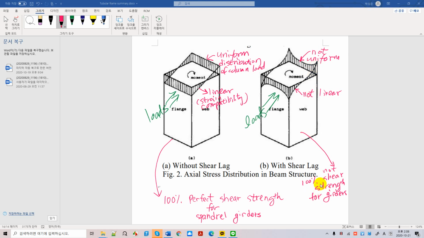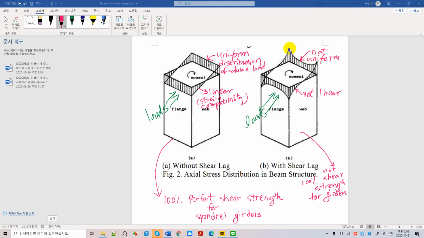This is when the shear strength for girders and beams is not sufficient to transfer your load from tension face to compression face. Also, on the compression face of the building, your load distribution is not perfectly uniform.